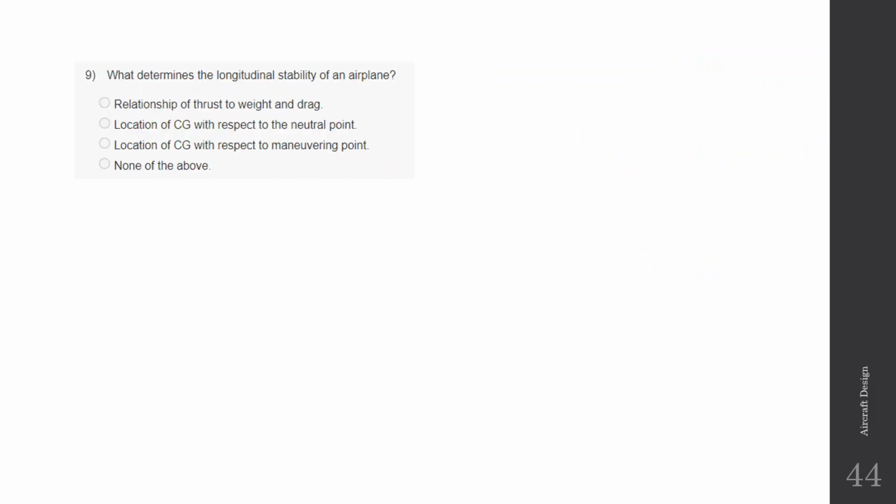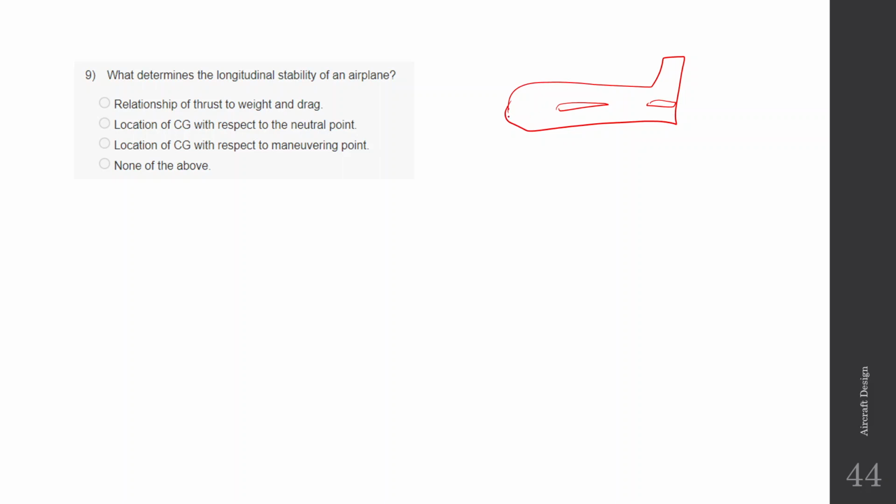Now this is the next question. I think this is the last question. What determines the longitudinal stability of the aircraft? Let me discuss what longitudinal and lateral stability are. So this is your wing and tail.